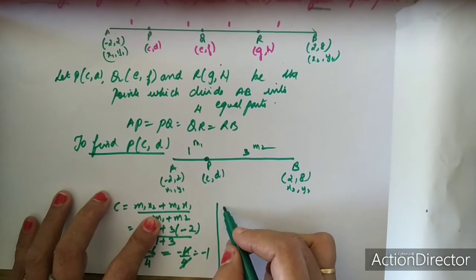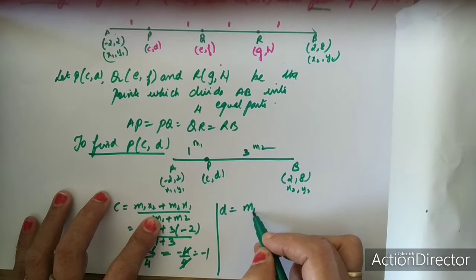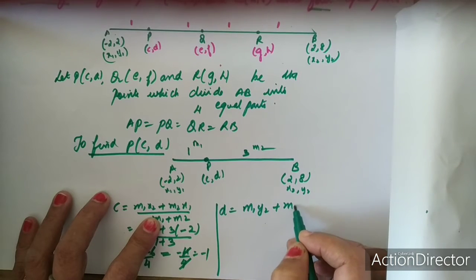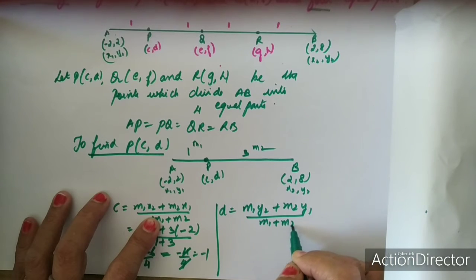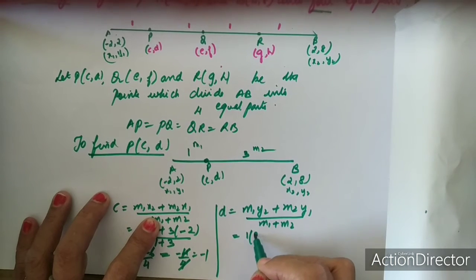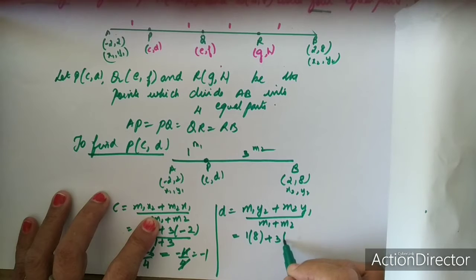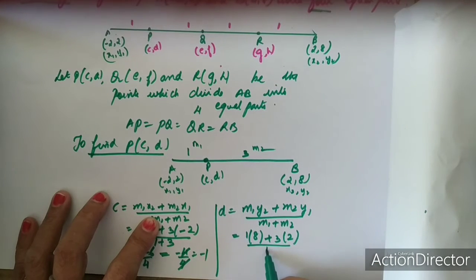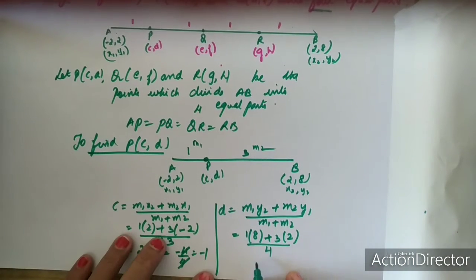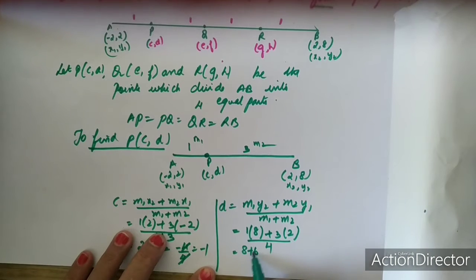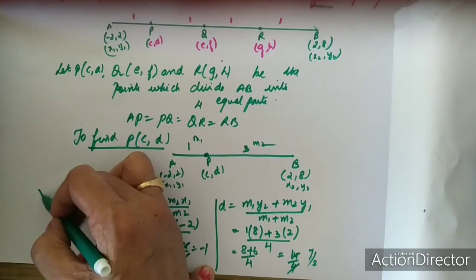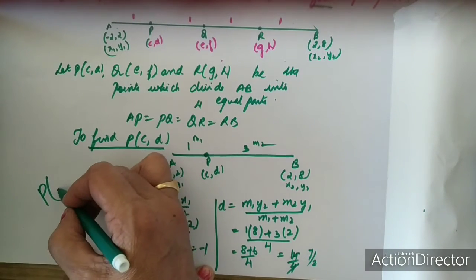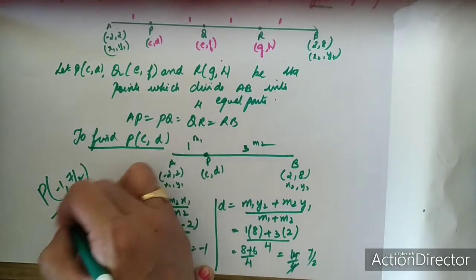Coming to D, D is equal to M1 into Y2 plus M2 into Y1 divided by M1 plus M2. This is equal to 1 into 8 plus 3 into 2 divided by 4. So this is equal to 8 plus 6 upon 4, 14 upon 4, which is reduced to 7 upon 2. So my answer is P of (-1, 7 upon 2).